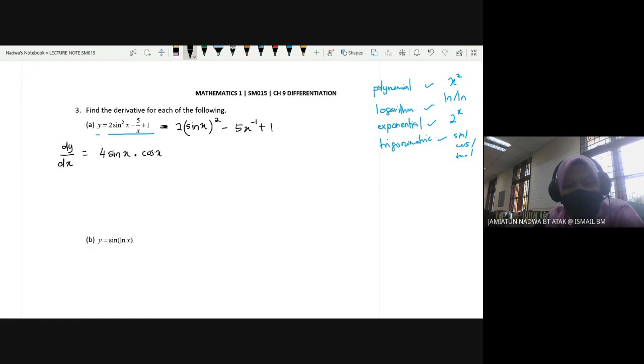Alright, we will move on to the next term, 5x to the power of negative 1. When we want to differentiate, we will get 5x to the power of negative 2. 1 differentiate dapat 0. Okay, so it is 4 sin x cos x plus 5 over x squared. Okay, so that is how we differentiate this function.